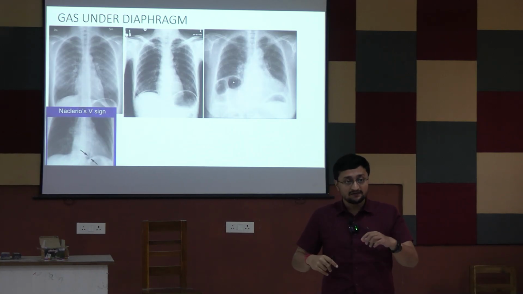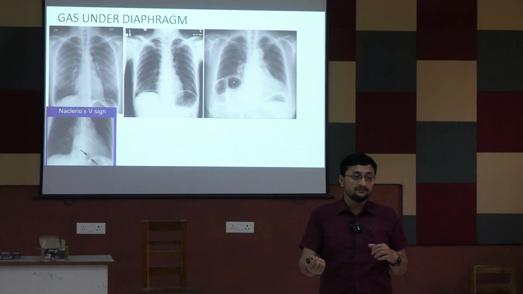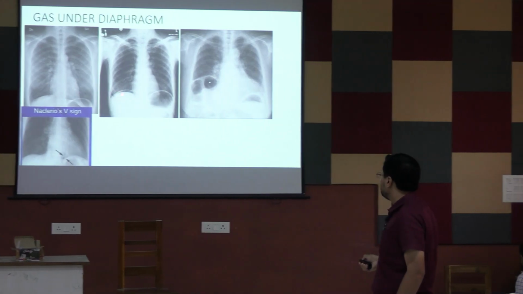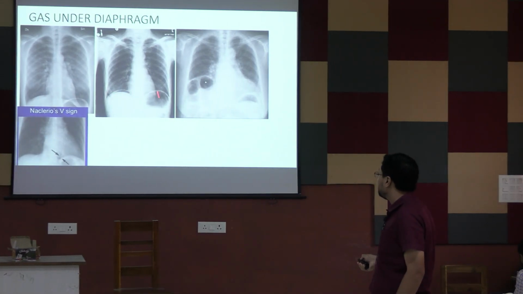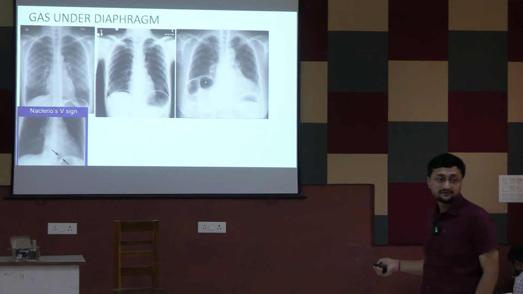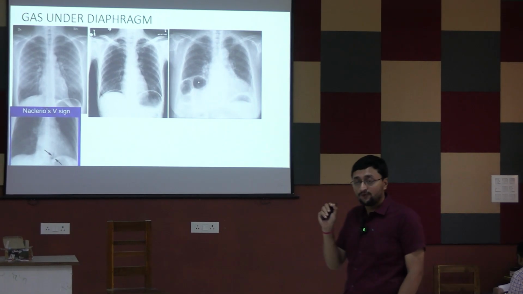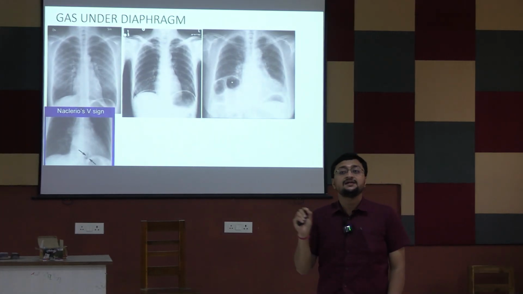That means air leaking from the peritoneum reaches below the two diaphragms. So this is pneumoperitoneum, below the right and below the left one. A very important point is free gas under the diaphragm. This is pneumoperitoneum, this is free gas.